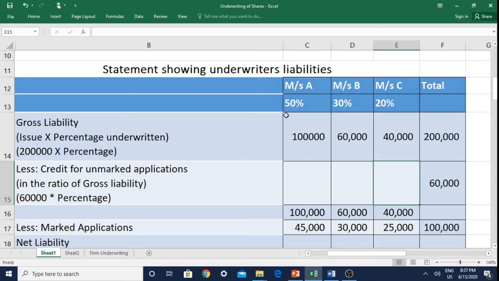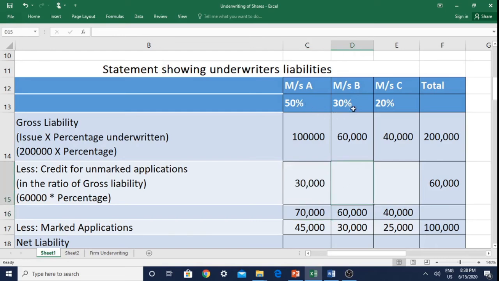So they will get a credit for unmarked applications which are directly received by the company. The company has received it, so all the underwriters should get the benefit of it. So how much is to be given to A? It is 60,000 into his gross liability of 50%. In that ratio we have to divide it. So it is 30,000.